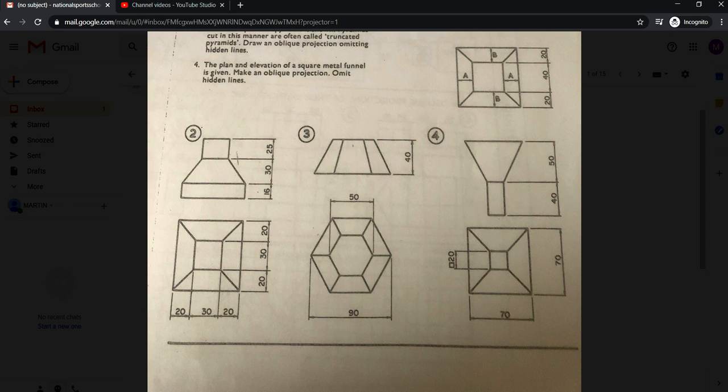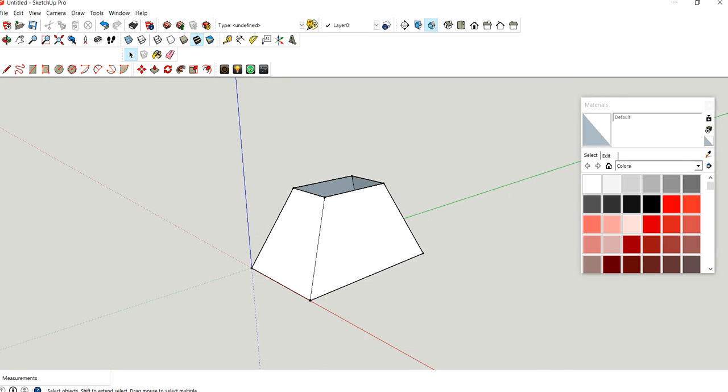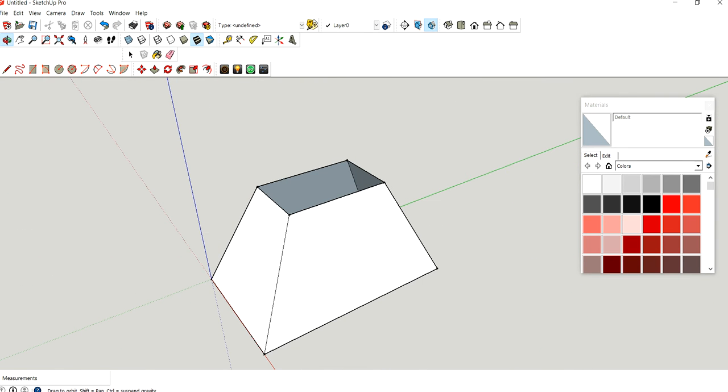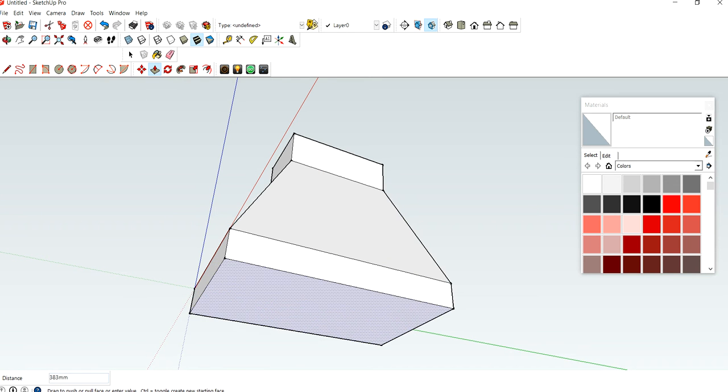If you're noticing, question 2 has an additional part on top and an additional part under, fitted with the base. If I have to refer to the 3D model, this is what we did in the first exercise. Now we have an extension on top and we have an extension under.